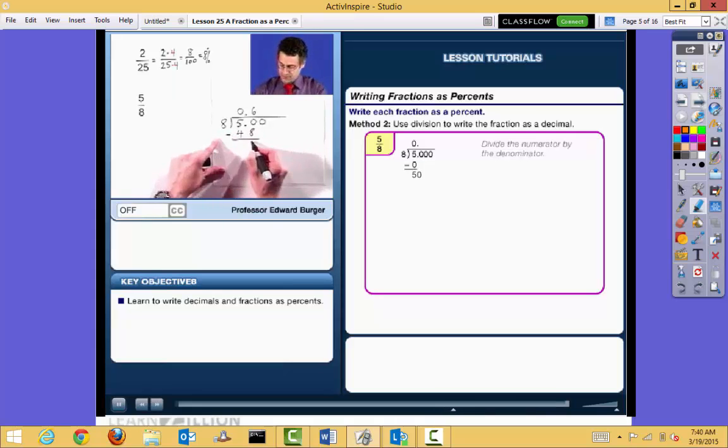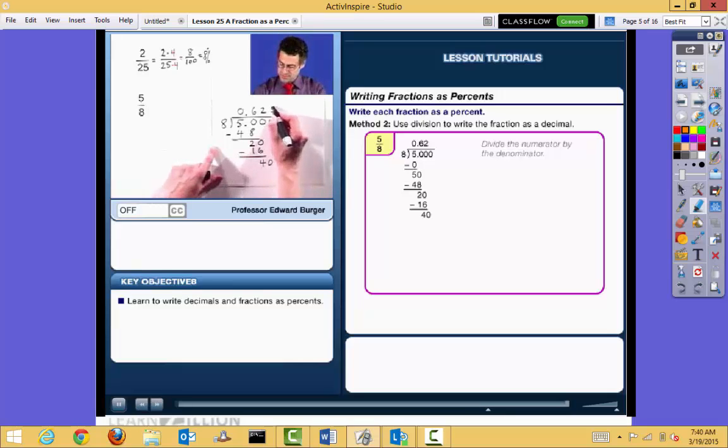When I subtract off, I get a 2. Bring down this 0. 8 goes into 20 twice. 8 times 2 is 16. I subtract off, I get a 4. Bring down an extra 0. 8 goes into 40 5 times. 5 times 8 is 40. I get a remainder of 0, so I'm done.